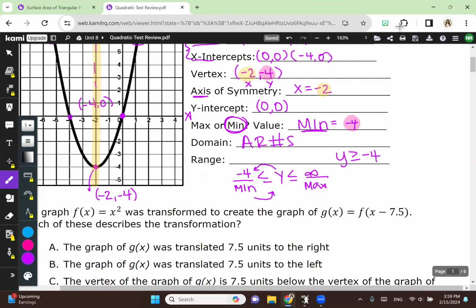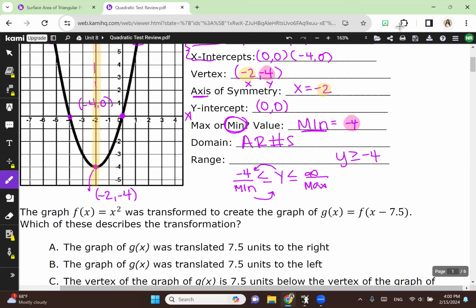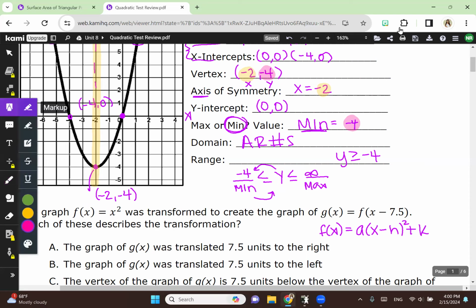The graph of f(x) was transformed to create the graph of g(x), where g(x) is equal to f(x - 7.5). Now, because vertex form is written as f(x) = a(x - h)^2 + k, you can see that they changed the h right here.